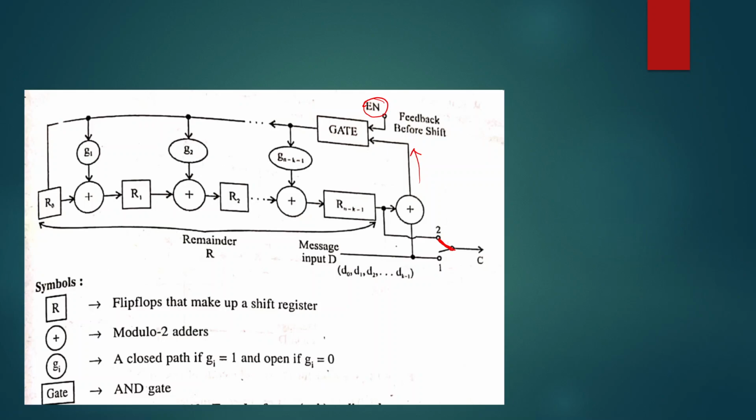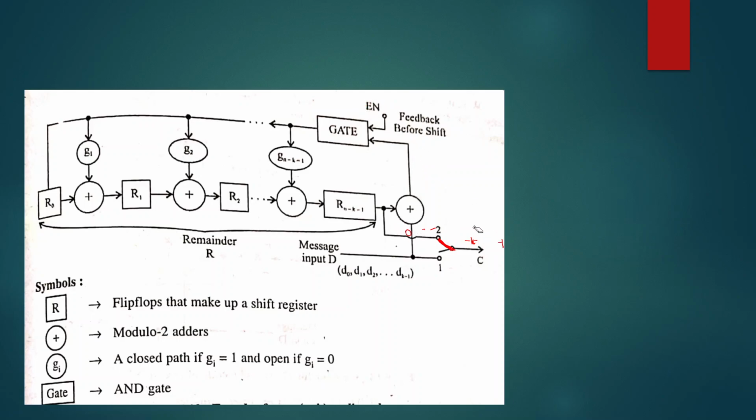Then in position 2, you will first extract R n minus k minus 1, whatever the content is there, then R n minus k minus 2, so on up to the content of R0 gets conveyed to the channel after n minus k clock cycles. So this is how the encoder circuit of the cyclic code will work.